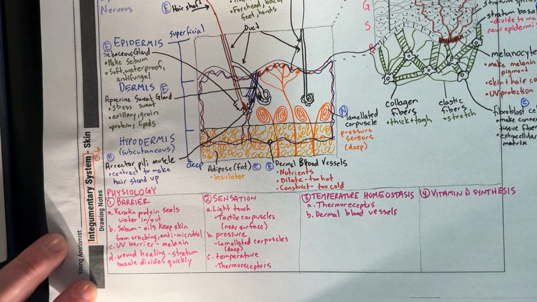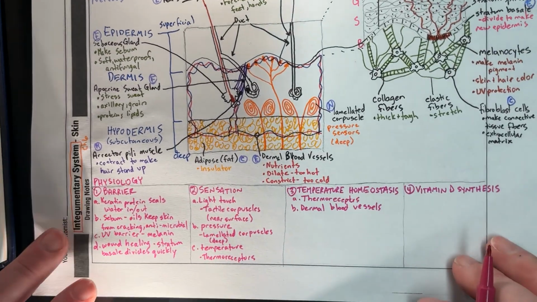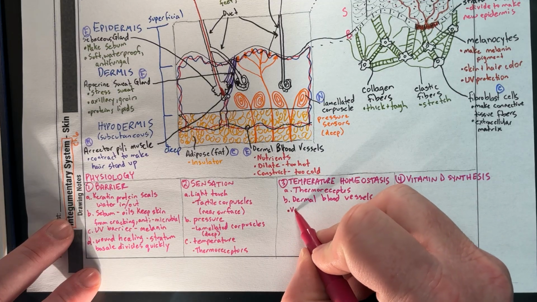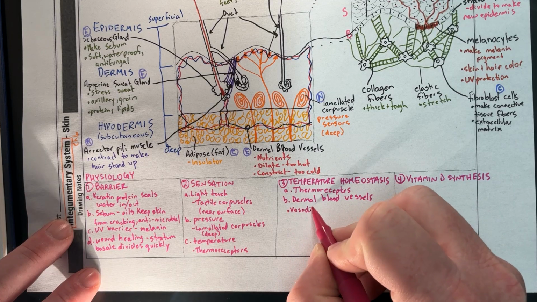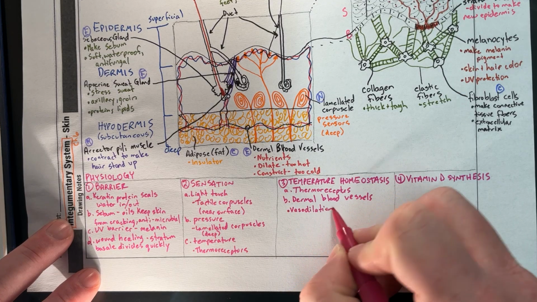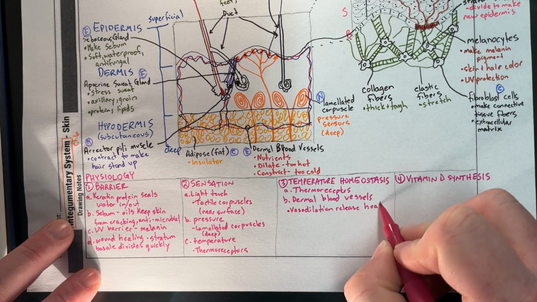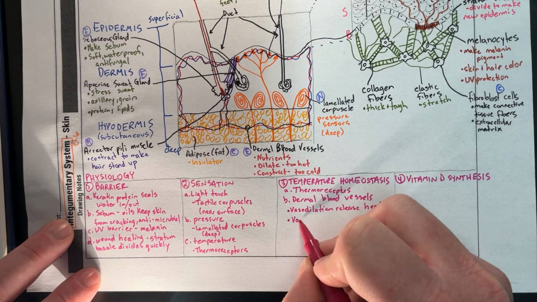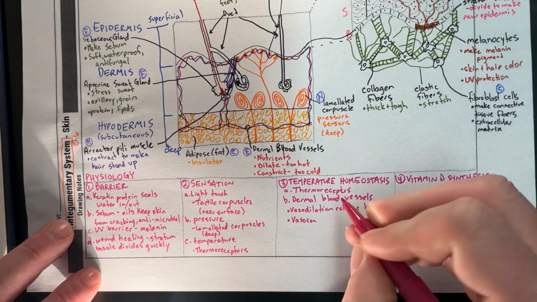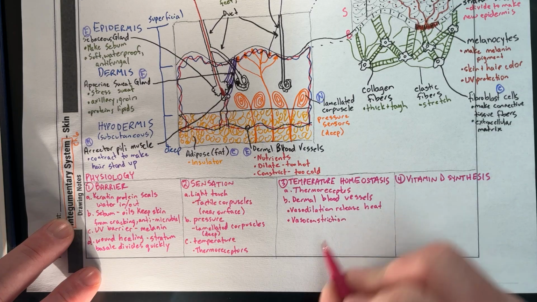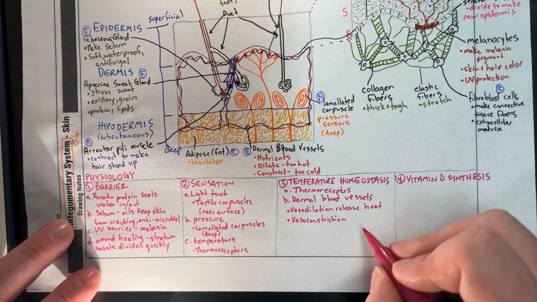And the dermal blood vessels are like little tiny body temperature homeostasis magicians because they can do vasodilation so that your body releases heat more efficiently. But they can also do vasoconstriction. They're like little transformers.